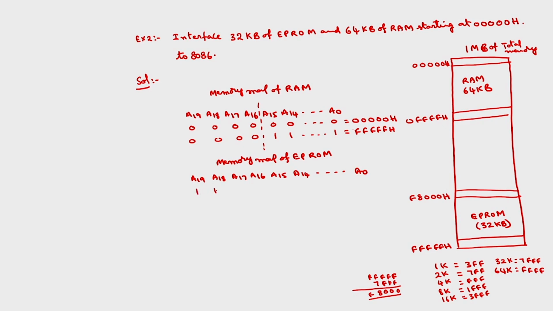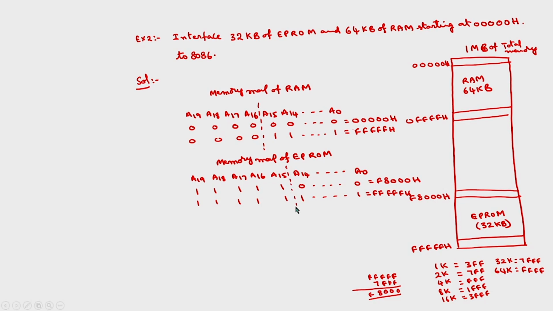F is 1111, 8 is 1000, and all the remaining are zeros. The ending address is all ones, FFFFFH. Now how many address lines will there be for 32 kilobytes? Only 15 address lines, so A0 to A14.